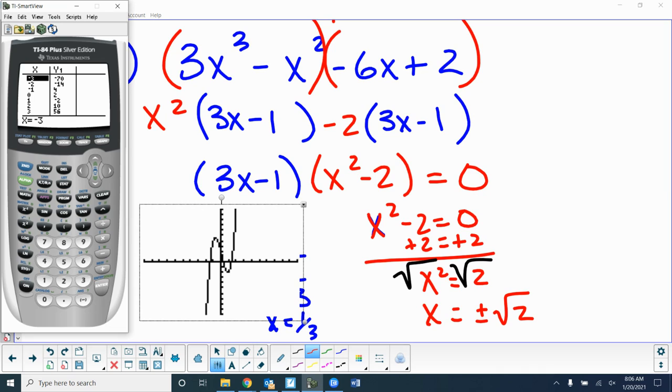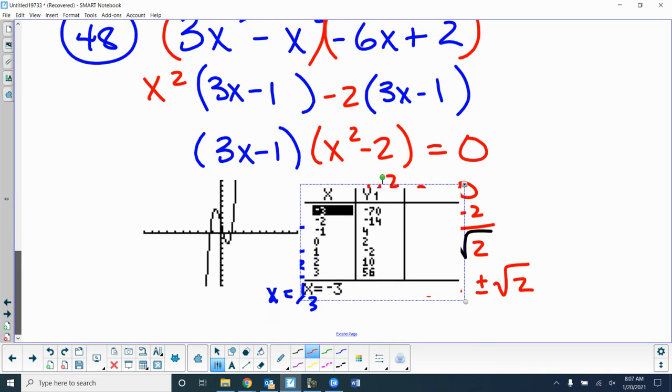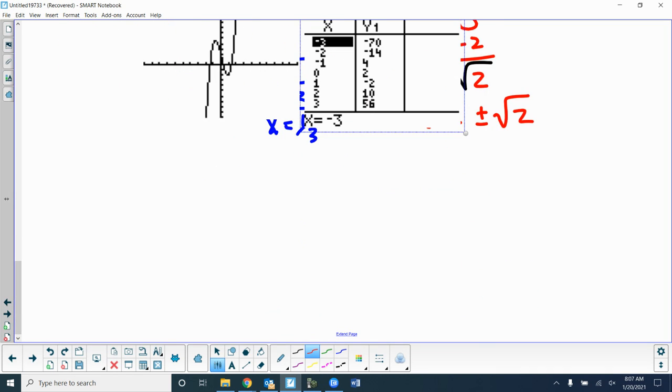I see a -14 and a +4, so between -1 and -2 it crossed, so there's a 0 there. I see a +2 and a -2, so between 0 and 1, there's one right there. And then there's going to be one from a -2 to a 10. There's another one between 1 and 2. Okay? So I don't actually see the zeros, but I know there are some zeros.